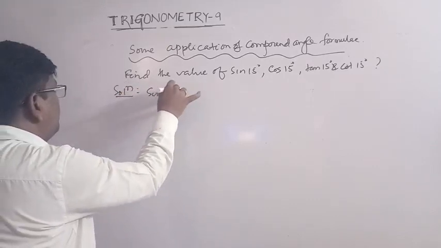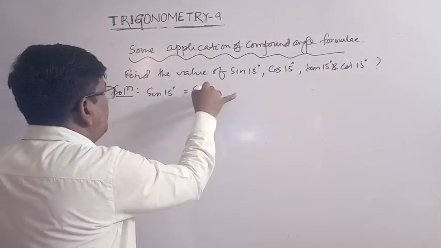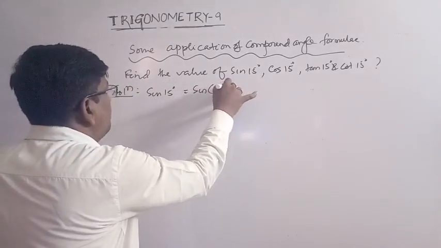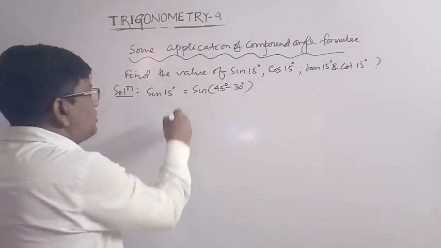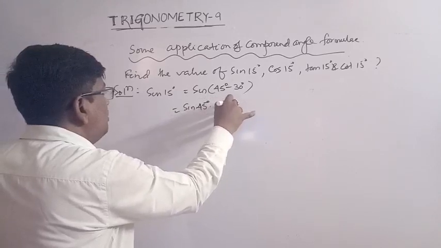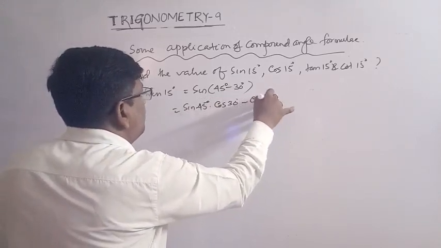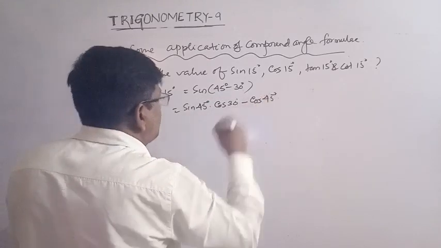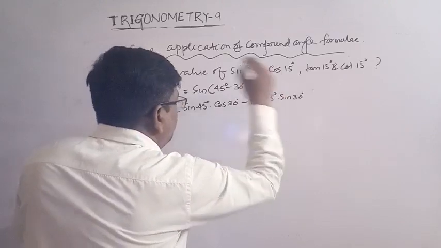sin 15 degree. So we can write sin 15 is equal to sin of 45 degree minus 30 degree. Sin A minus B formula. So sin A means sin 45 degree, cos B means cos 30 degree, minus cos A means cos 45 degree, sin B means sin 30 degree.